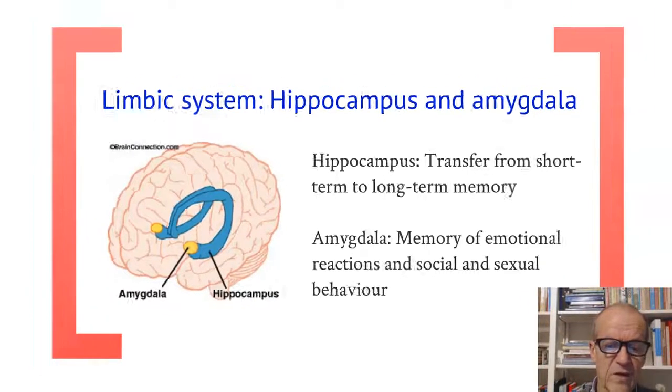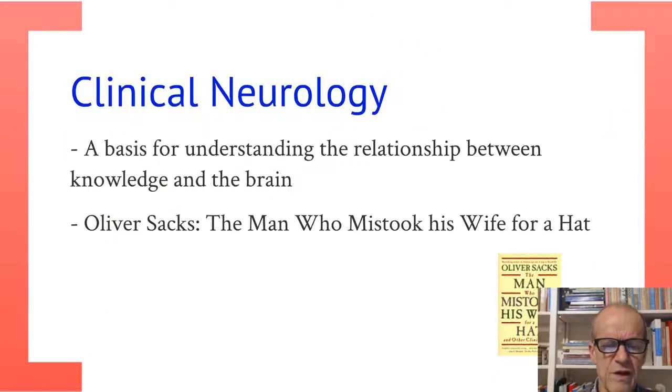Okay, now a few words about clinical neurology. What do we do with all kinds of knowledge about the functioning of the brain? I'm not going into the details of the discussion whether human identity can really be reduced to this biological substrate, as people like Dick Swaab and Victor Lamme are emphasizing.